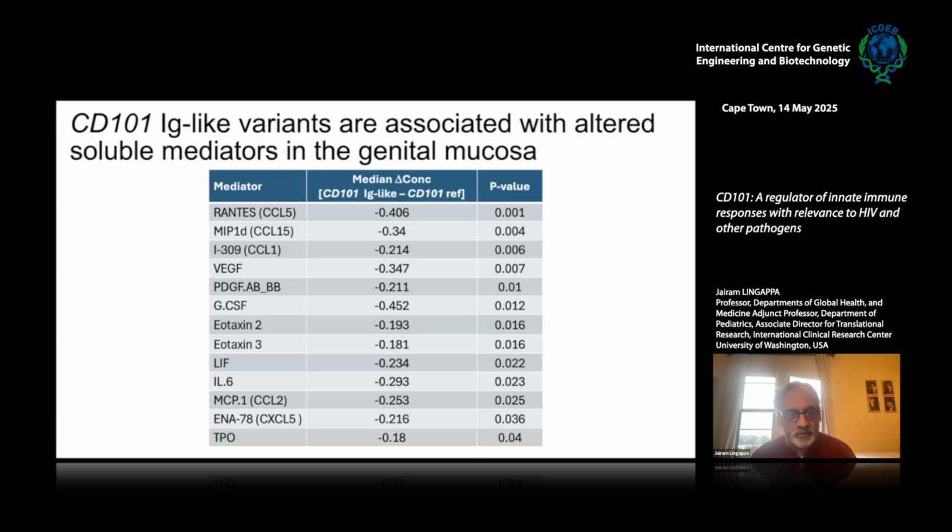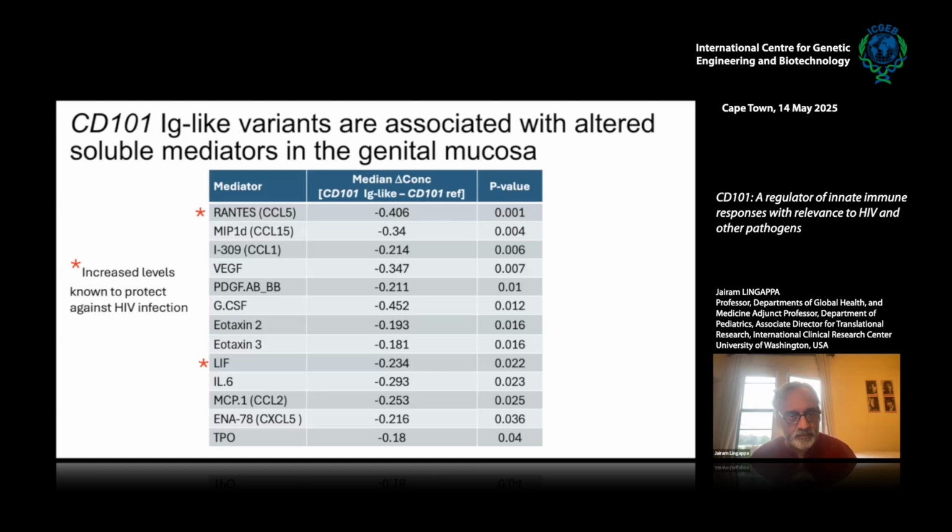This is a list of mediators that had statistically significant changes associated with the presence of Ig-like variants in the genital mucosa. And as you can see, in general, these factors were all reduced in the genital mucosa of individuals with Ig-like variants.